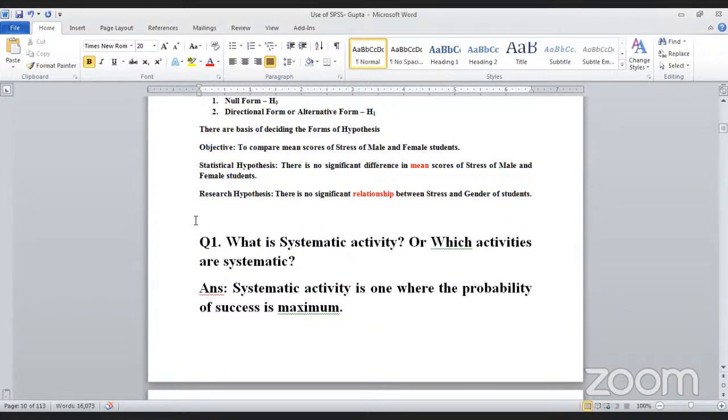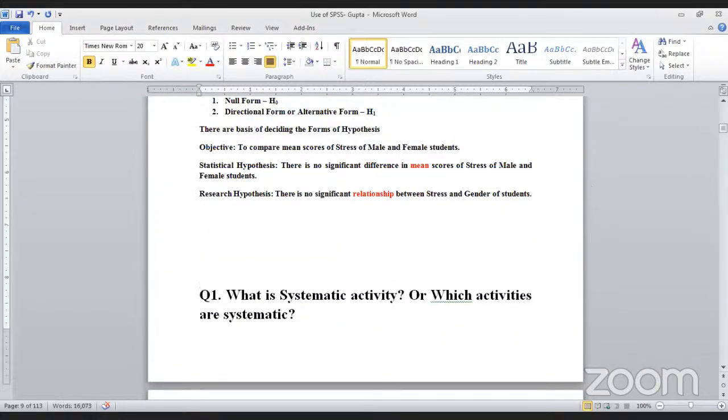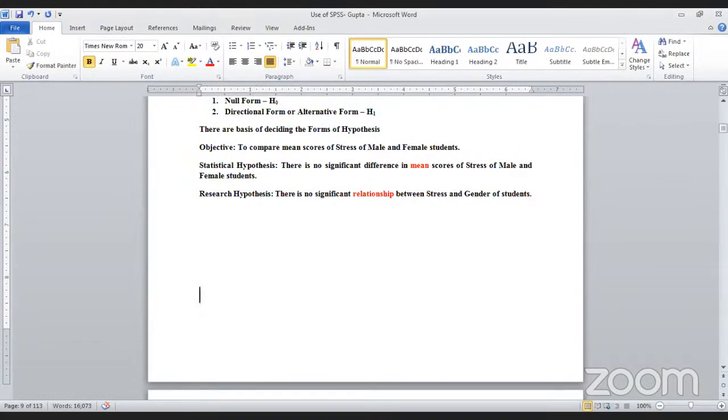Now, dear friends, till yesterday I have done the t-test and the correlated t-test. And now you know that the t-test you can use only when you have one variable having two independent groups. And if you have more than two independent groups, then the t-test cannot be used.